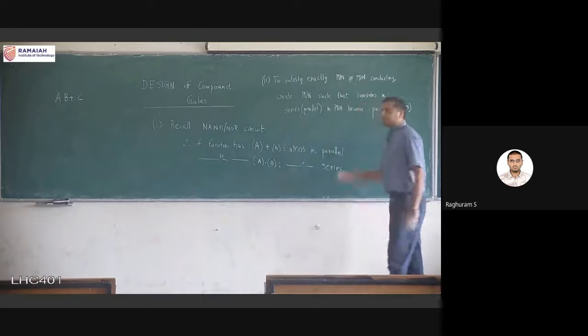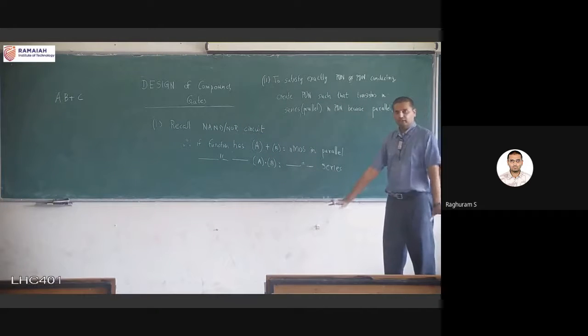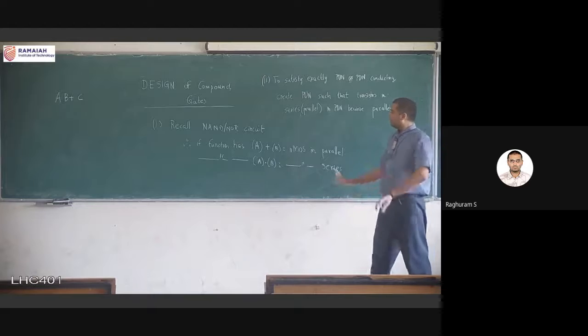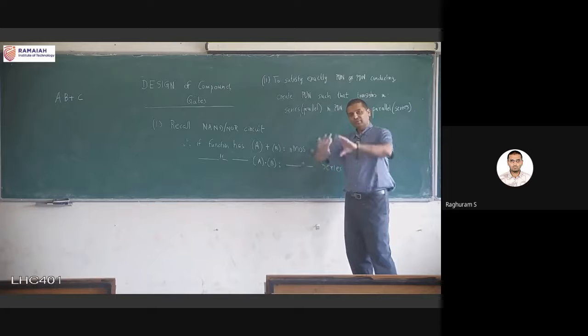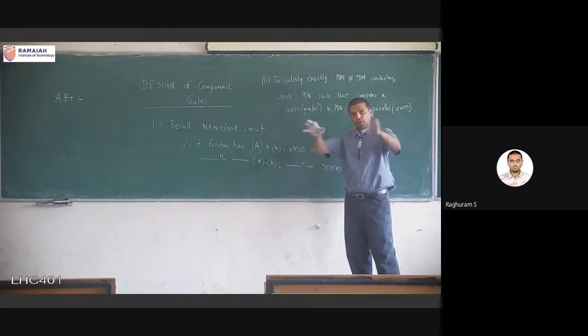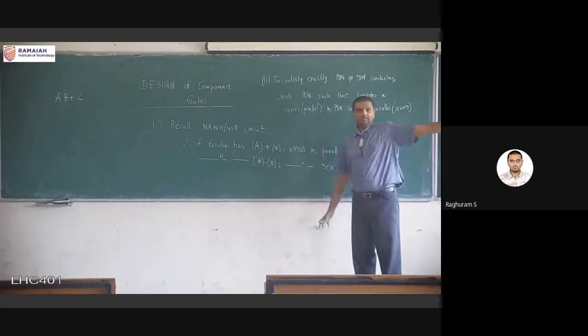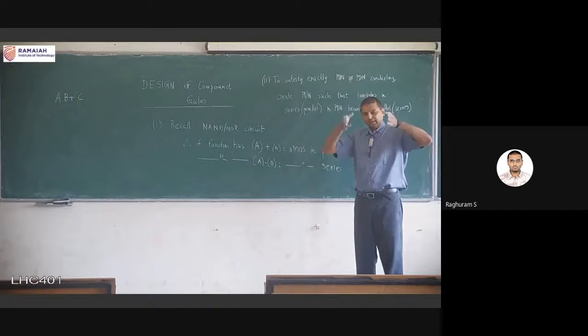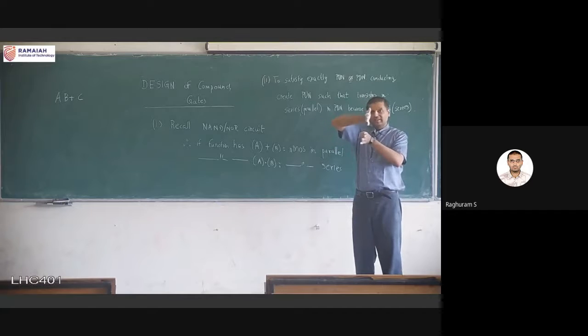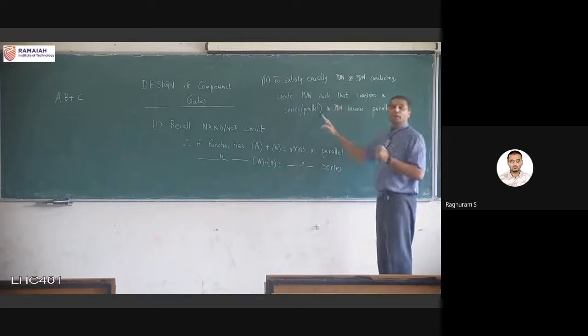pull down network which is completed. The pull down network is completed because we have used these two rules and we have created the full pull down network. Now no more look at the logic function, just see the pull down network. Any transistors that are in parallel, suppose I'm having A and B NMOS transistors in parallel, you make them A and B in series in the pull up network.